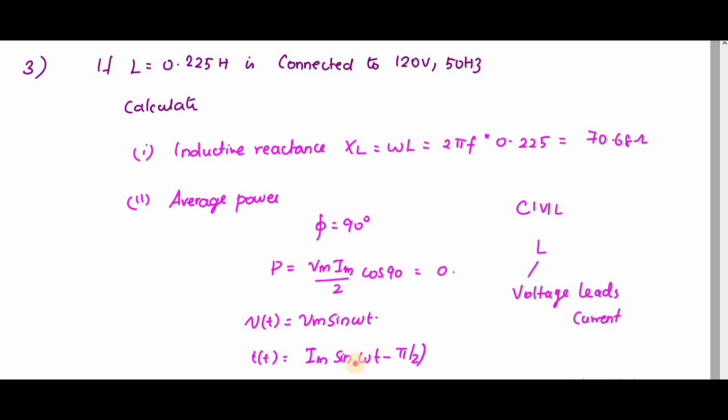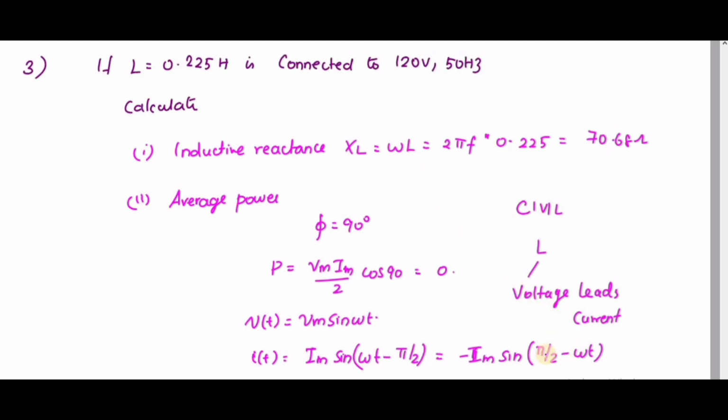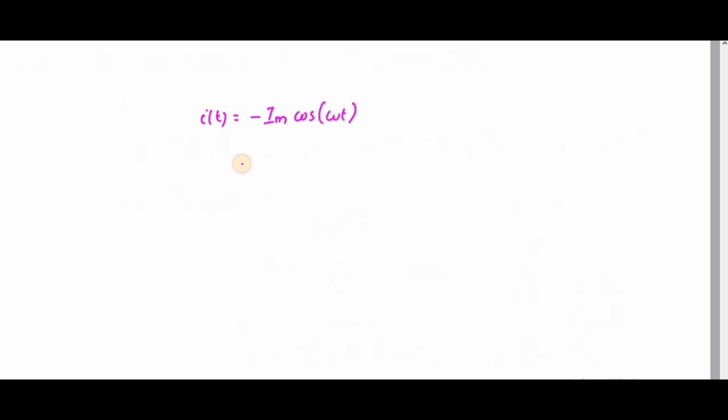This I can write as minus Im sin(pi by 2 minus omega t), which is nothing but minus Im cos omega t. So the instantaneous voltage is Vm sin omega t and the instantaneous current is minus Im cos omega t.